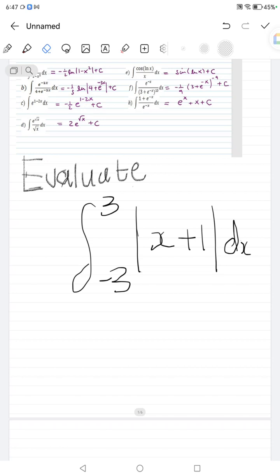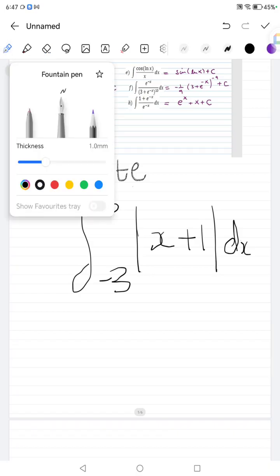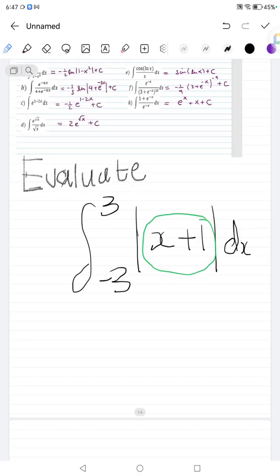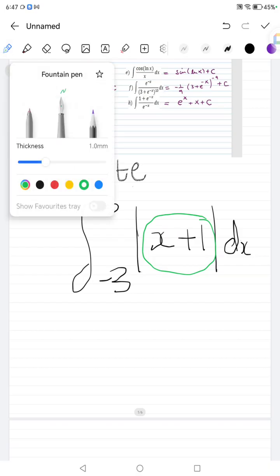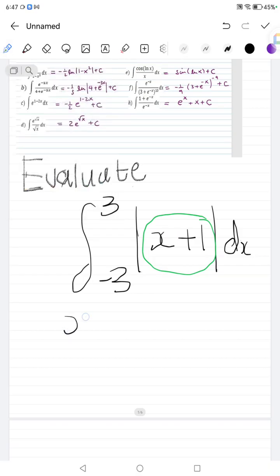You see? So if it's like this, the first thing that you have to go and look for is whatever is on the internal part. You go and look at this, the internal part, that okay, you have your x plus 1 equals 0, then your x would be equal to minus 1.